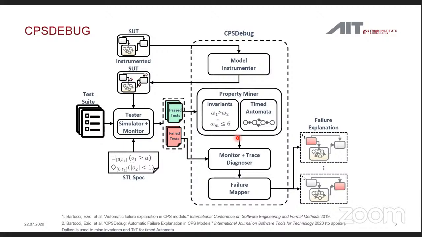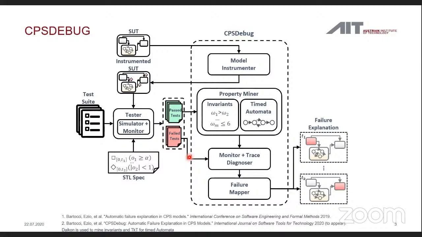Some of these learned specifications or properties may pass on the failing tests, and some may also fail on these failing tests. Each of these invariants or timed automata that has been inferred represents the good behavior of some of the internal components of the system under test. A failure of each of these monitors inferred from the passing tests indicates that there is an anomalous component or anomalous behavior in the component that has failed.